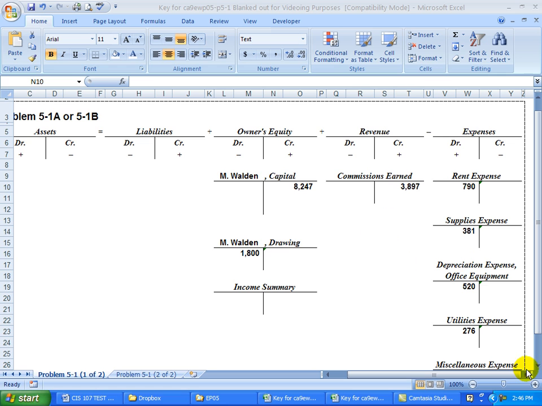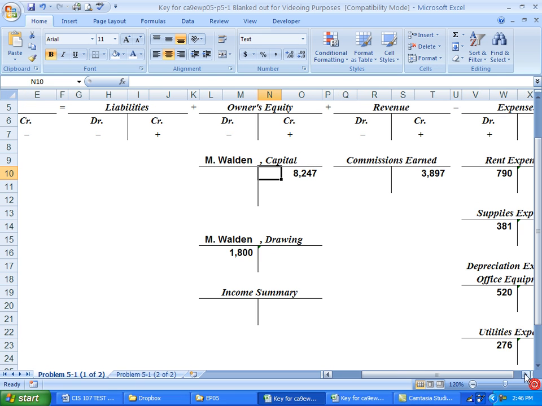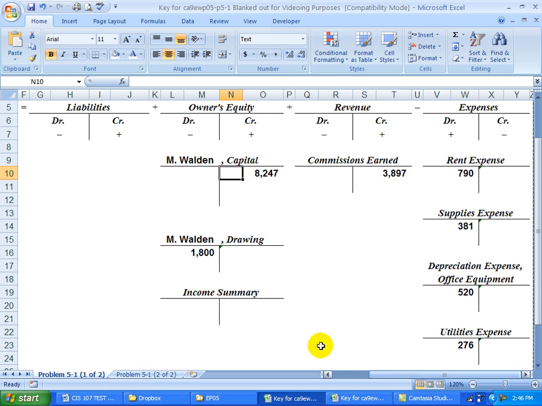And so I have the balances filled in for capital and for drawing the debit, and then revenue has a balance as given in the book, and here's rent expense, supplies expense, depreciation expense, office equipment, and utilities expense. So we're going to go ahead and close these entries now.